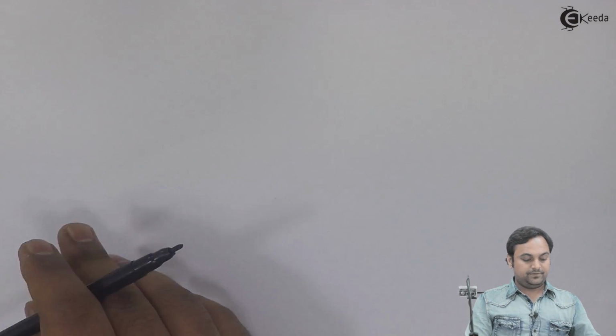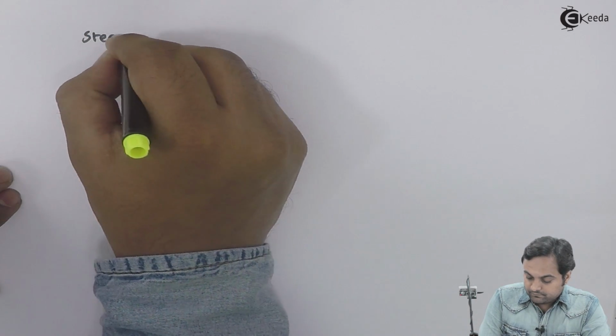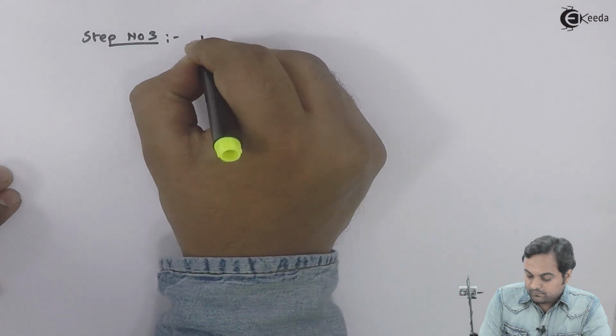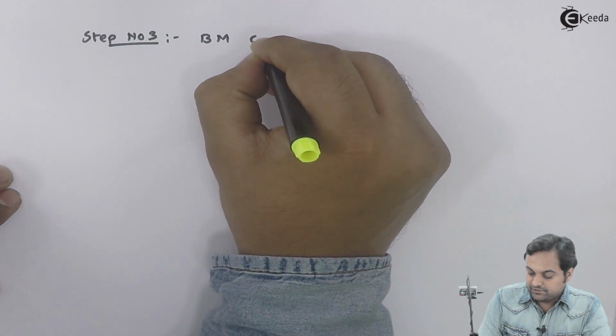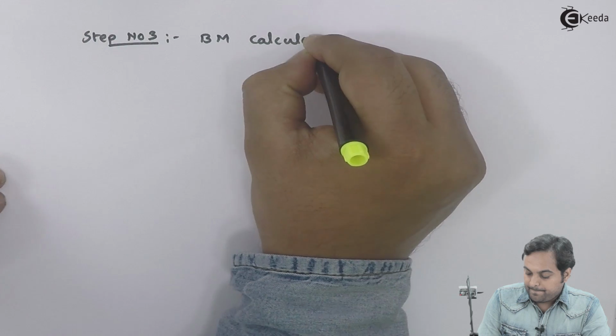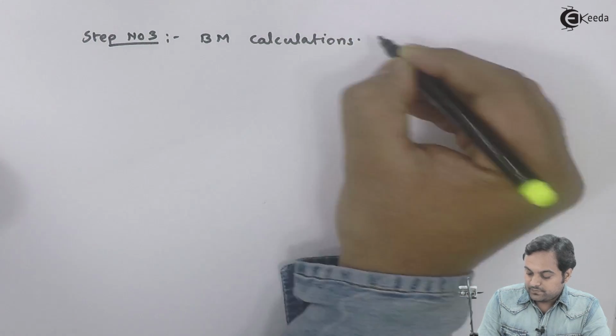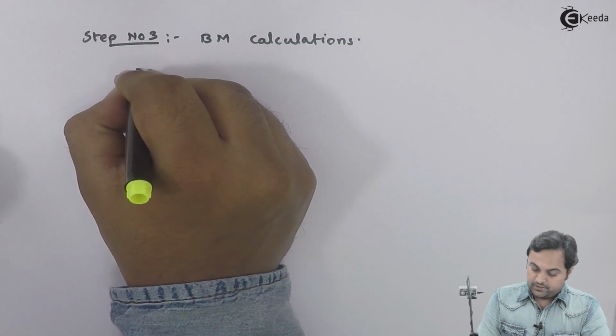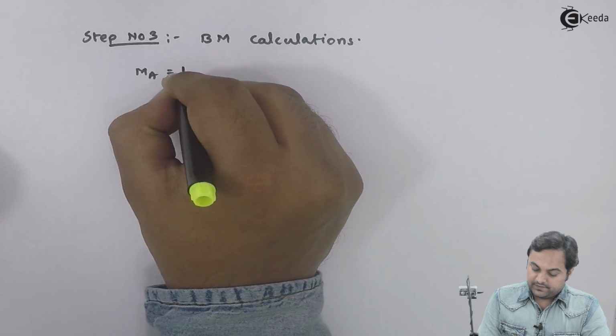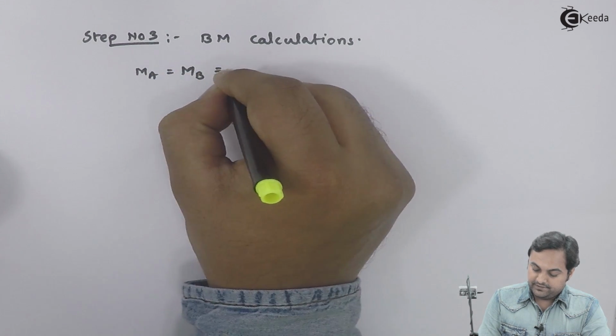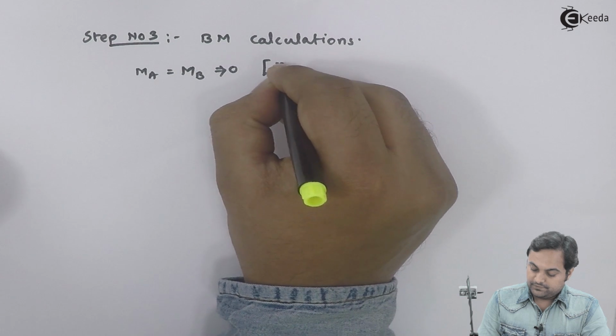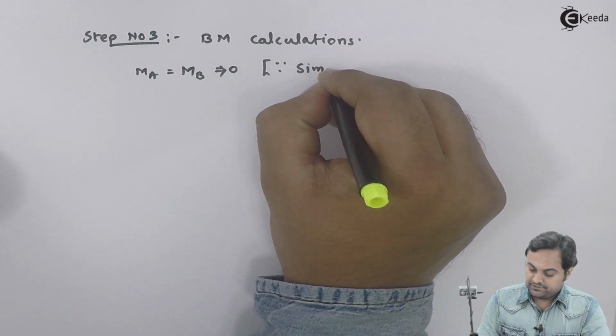So I'll write down step number 3. That is bending moment calculations. Here I'll say that moment at A is equal to moment at B is 0, because here they are simply supported.